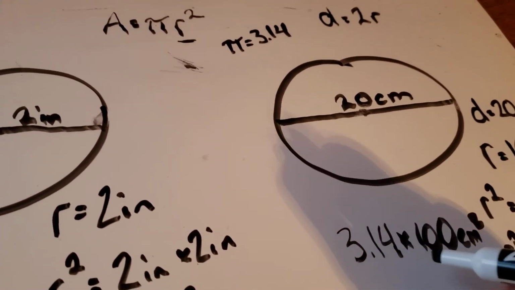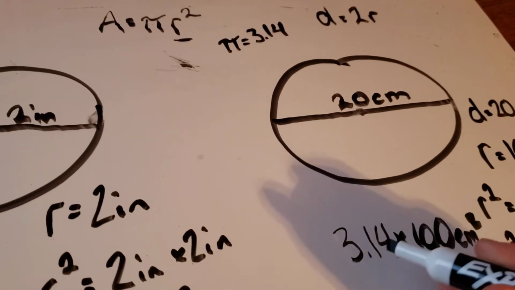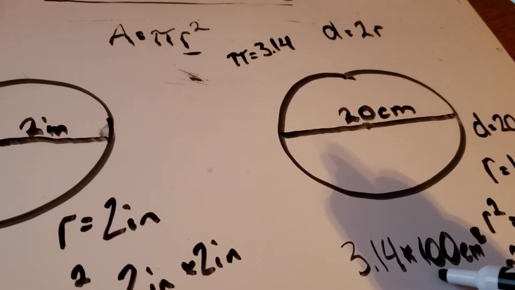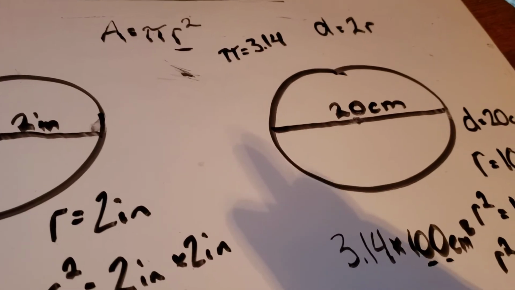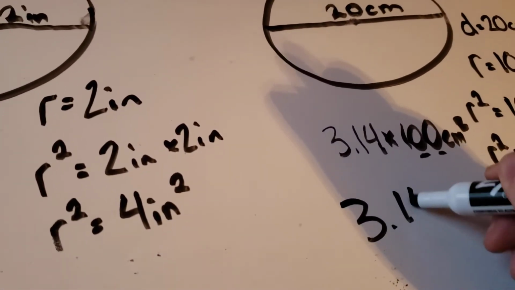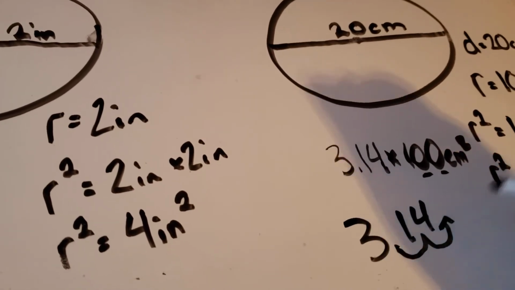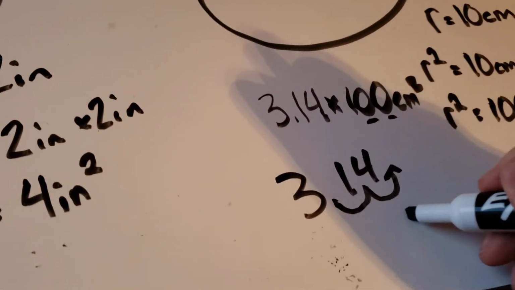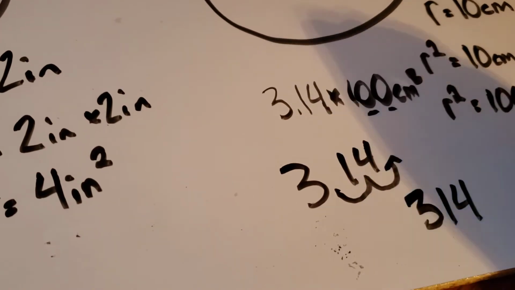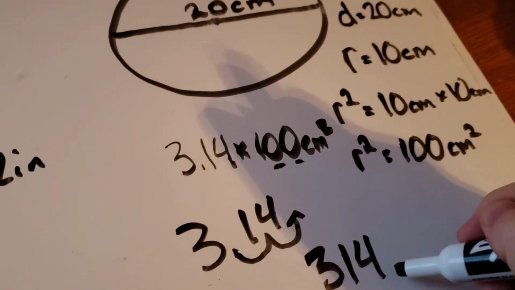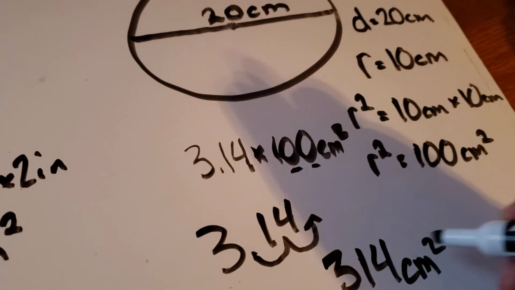Multiply, the number should get bigger. We move our decimal to the right for each 0. We've got 2 zeros in 100. So I take 3.14, move it 2 places to the right, and we would get 314. Remember, it's area, so 314 centimeters squared.